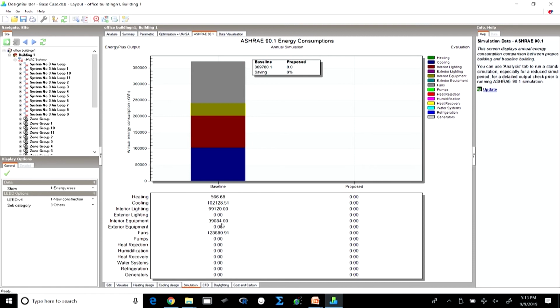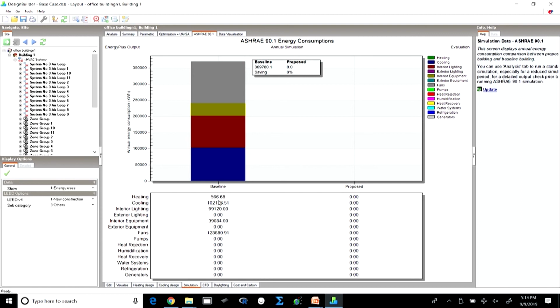There is some amount of electricity going into interior equipment, but very little amount of energy which is going towards heating. So, we can very clearly see that for a place like New Delhi and an office building which is a daytime office building, we do not really need a lot of heating. So, we may omit installing the heating equipment altogether.